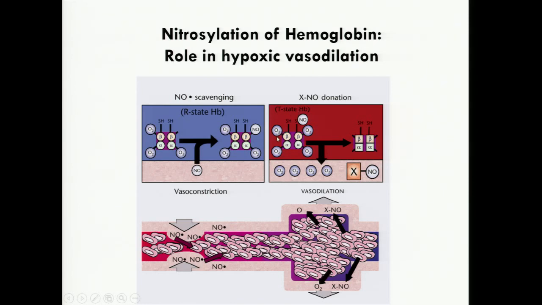It has reduced affinity for oxygen, and so basically it delivers oxygen to an area where there's poor oxygen or desaturation. And you also have release of nitric oxide into the vessel wall.